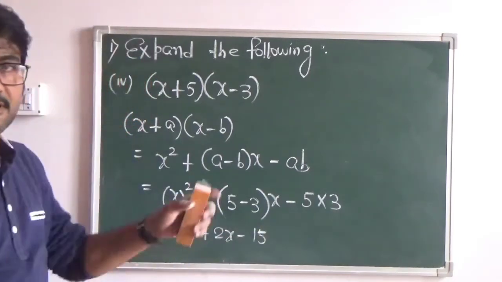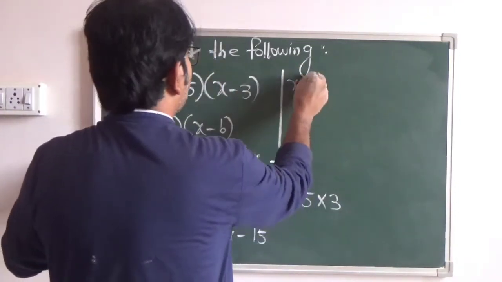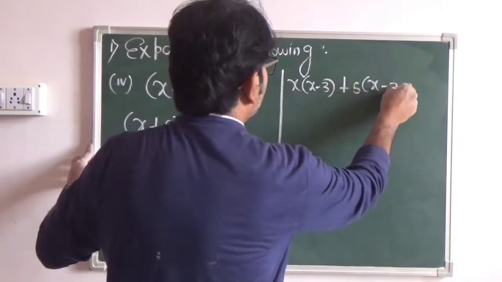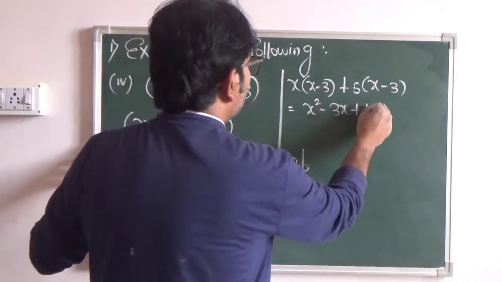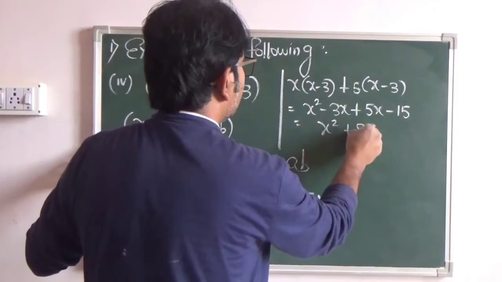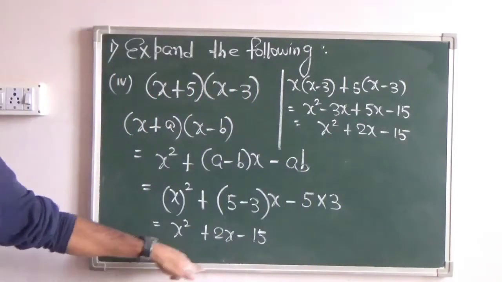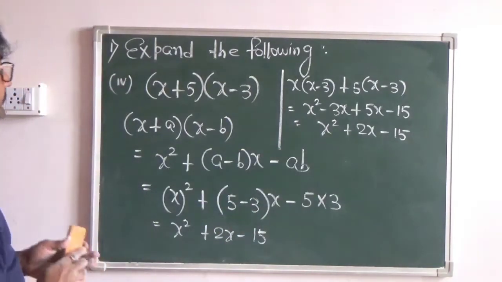If you do it by expanding, it is x into (x - 3) plus 5 into (x - 3), that comes to x square minus 3x plus 5x minus 15. So it is x square plus 2x minus 15, the same thing is coming.